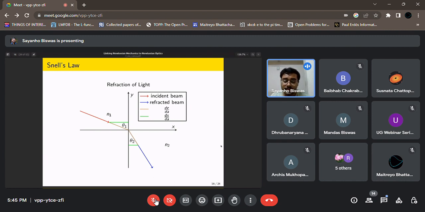Now, one thing to notice is that the brown lines denote dr/da. That is not the differential path length, but the derivative of the position vector with respect to a. That is dr/da, the brown line in both cases. And the green line is nothing but dx/da.